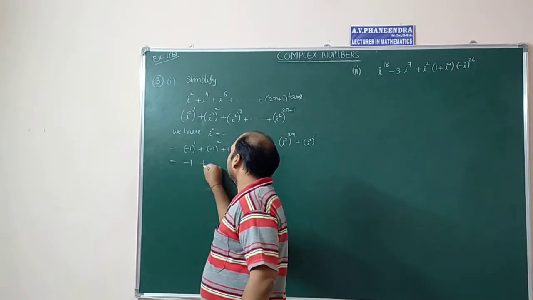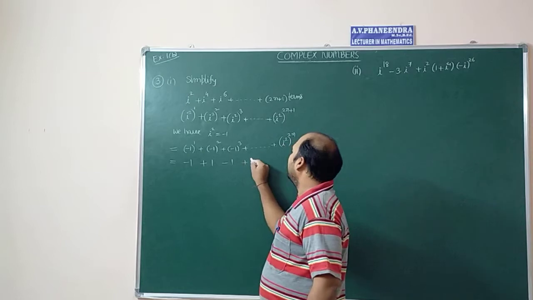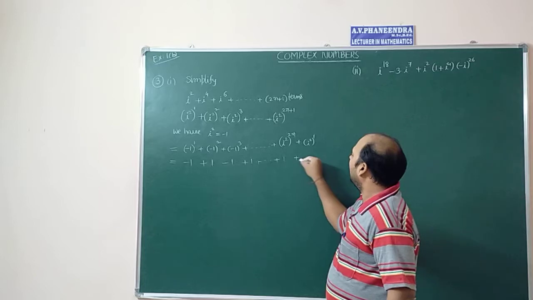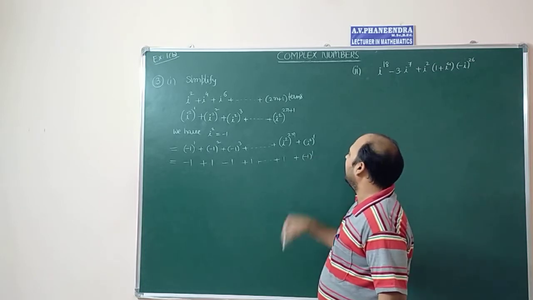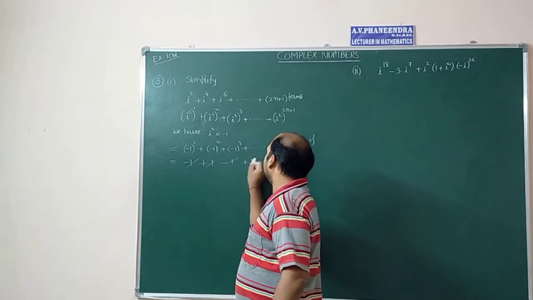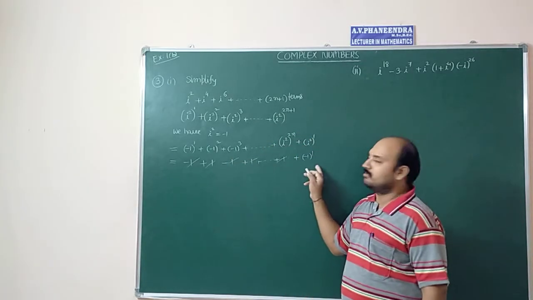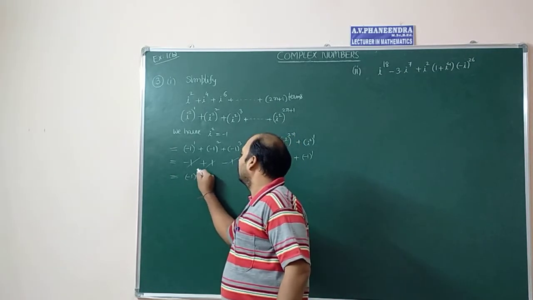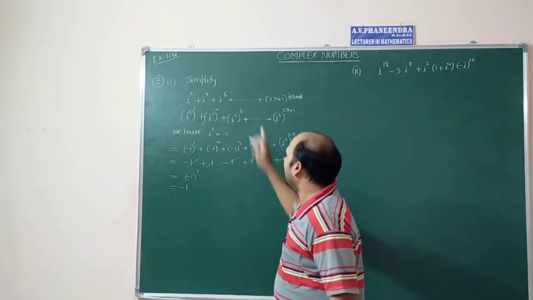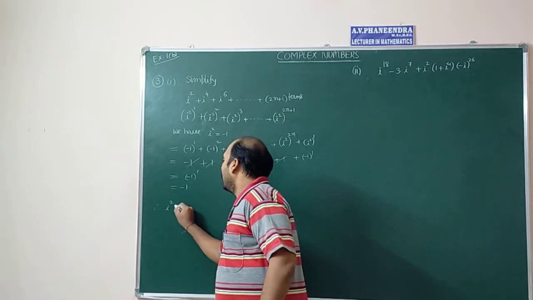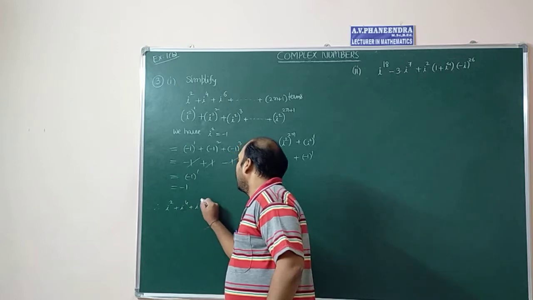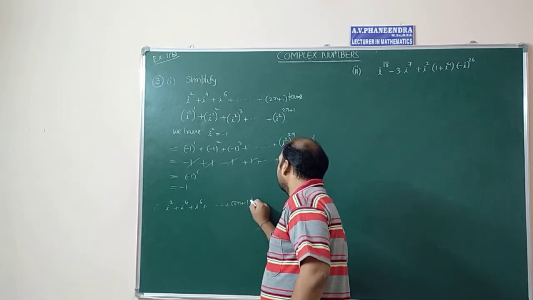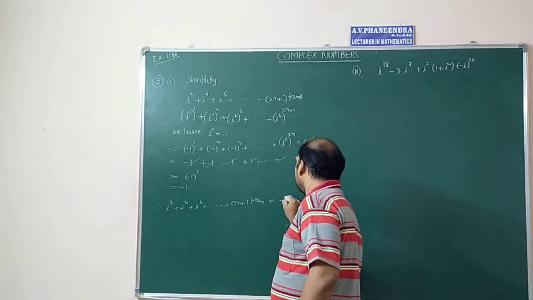Therefore minus 1 plus 1 minus 1 plus 1 minus 1 and so on. So like this all will be cancelled except the last term. The last term is minus 1 whole power 1, that is equal to minus 1. Therefore the value of i square, i power 4, i power 6 and so on up to 2n plus 1 terms is equal to minus 1.